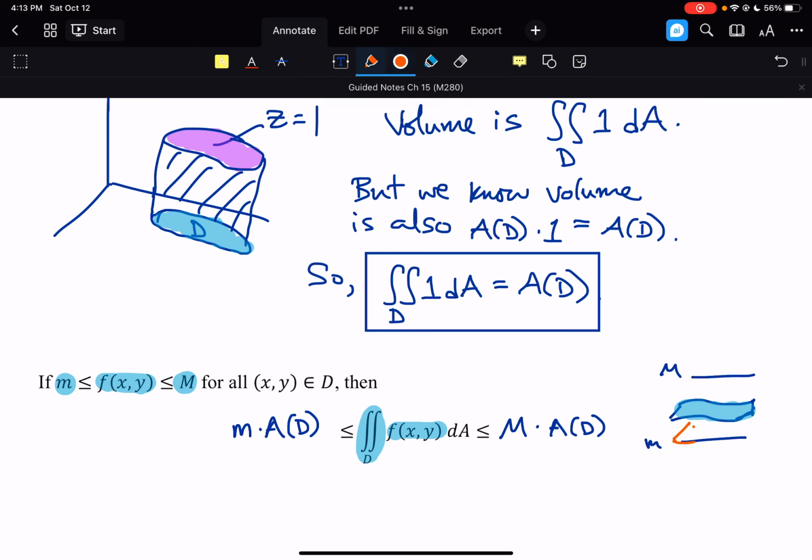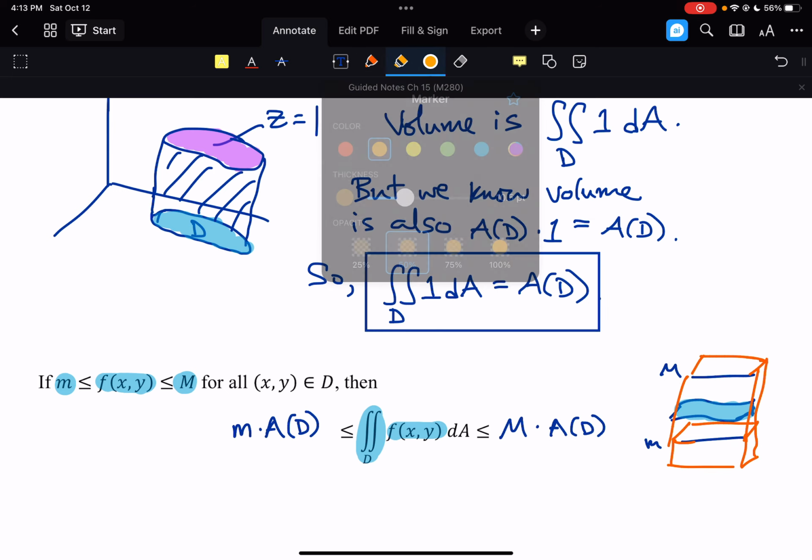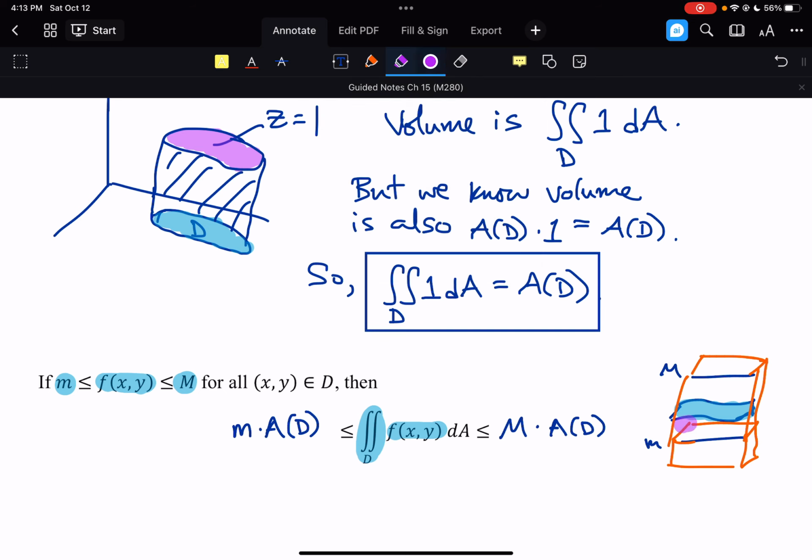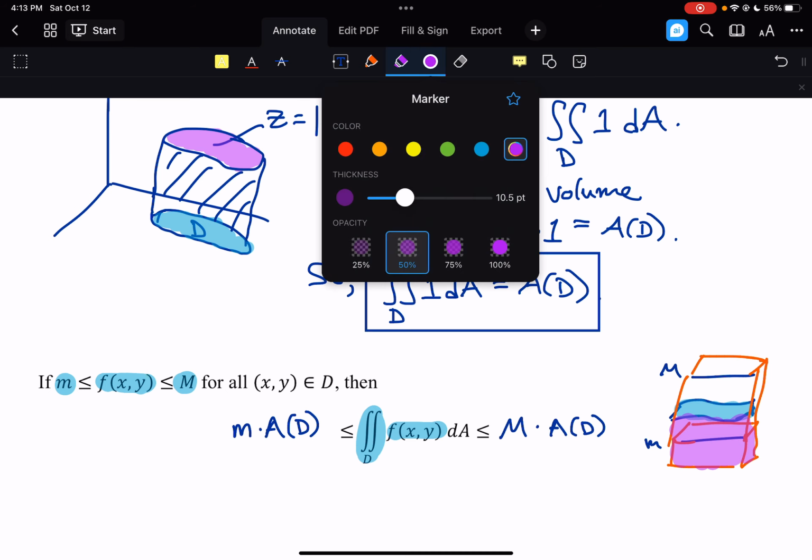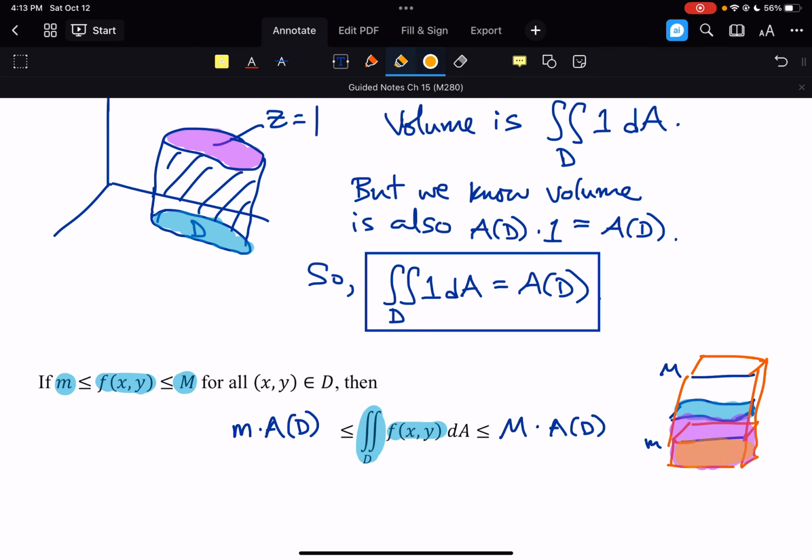And if we take those values times that area, we end up getting volume out of here. So we're basically just saying that the volume under that surface is bigger than this one, but smaller than this one, which is under the whole thing.